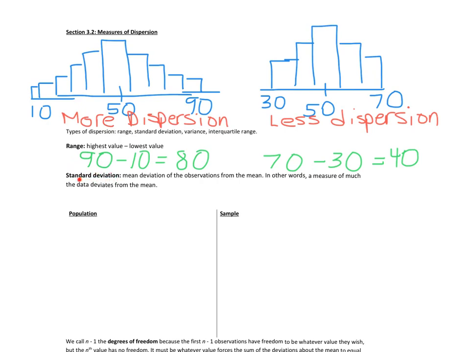That standard is really a mean deviation. So it's the mean deviation. Deviation from what? Deviations from the mean. So in other words, the standard deviation is a measure of how much the data deviates from the mean.